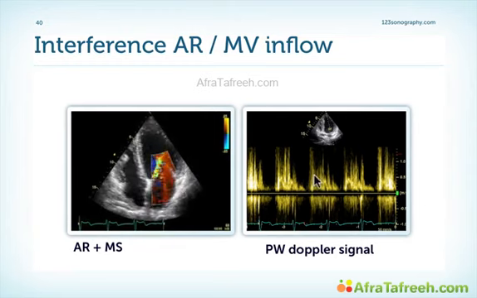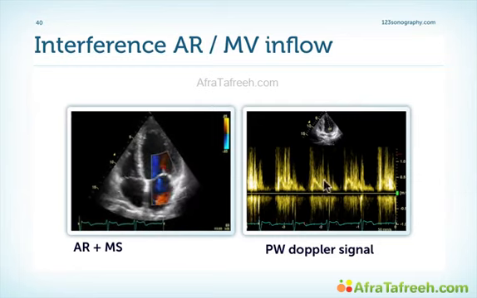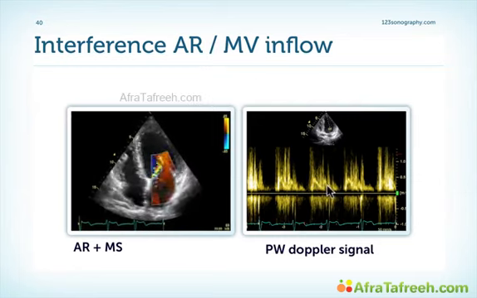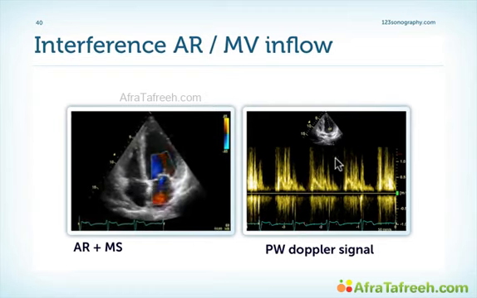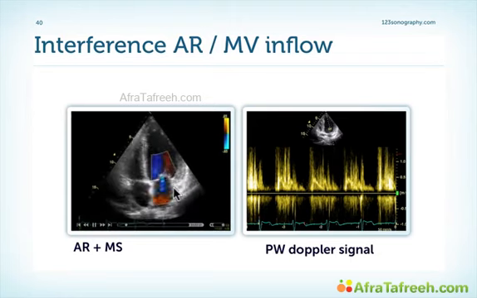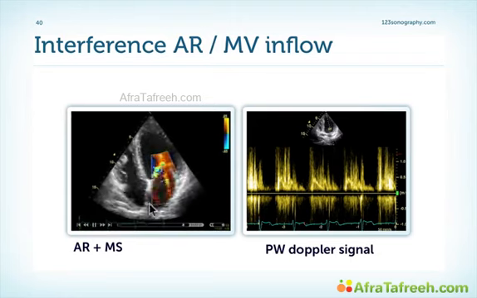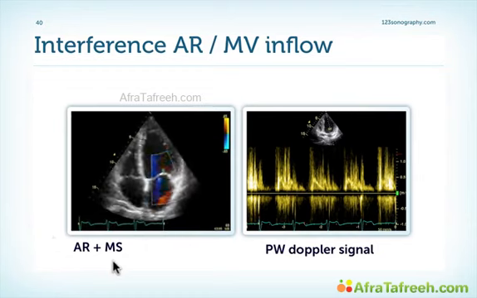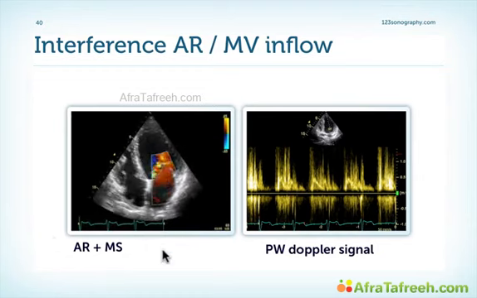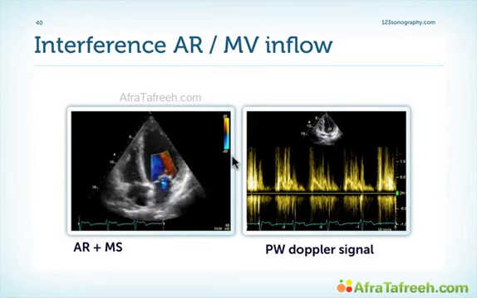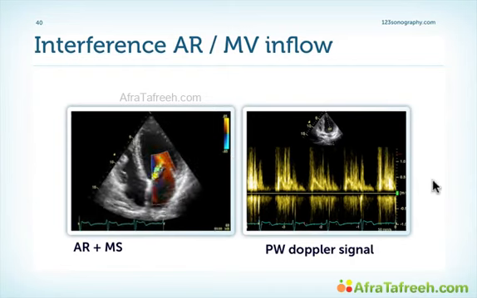It's very hard to actually see where the contour of the mitral inflow signal is, and thereby very difficult to calculate mean gradients and the pressure halftime. This problem is fairly frequent simply because we have a very high association between aortic regurgitation and mitral stenosis. In this situation, you just have to play around with the transducer and try to find a view where you can better delineate the two signals from each other.